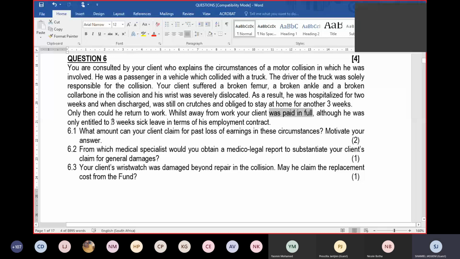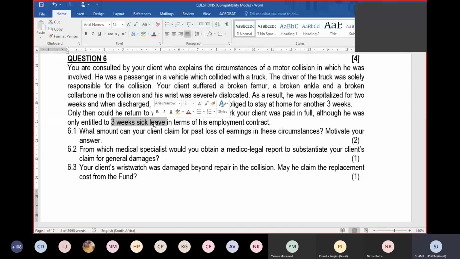Even though he received compensation, he was only entitled to 3 weeks sick leave. So if he got paid sick leave, there was no loss of income because he got compensation for that period.